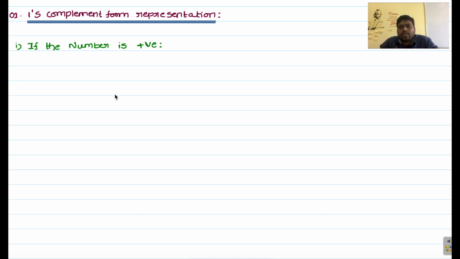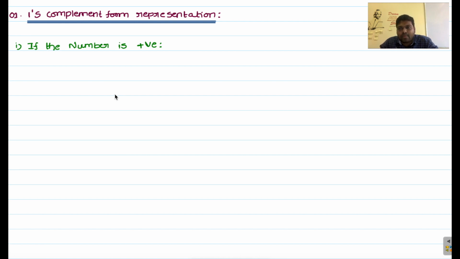If you want to write ones complement form for that positive binary number, it will not affect anything. Whatever the number is in the positive format, the same thing can be written in ones complement form as well as twos complement form. So whenever negative number representation is there, at that time only you have to use these complement form methods.